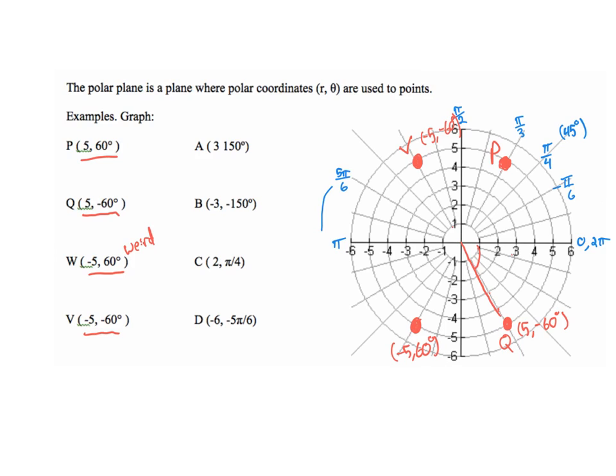All right, why don't you take a minute or two and try to plot all of these other points right here. And then after a little bit, I will come back in and we'll check where they are. Okay, so point A is 150 degrees, which would be about there. So there's 150 degrees. And then the radius is 3, so 1, 2, 3. So there's 3, 150 degrees.